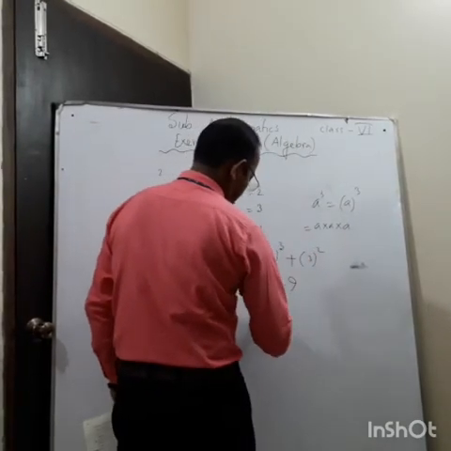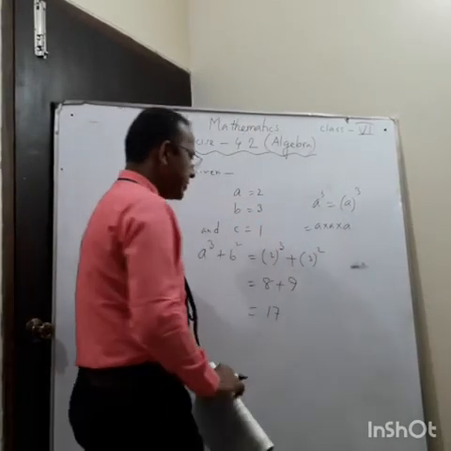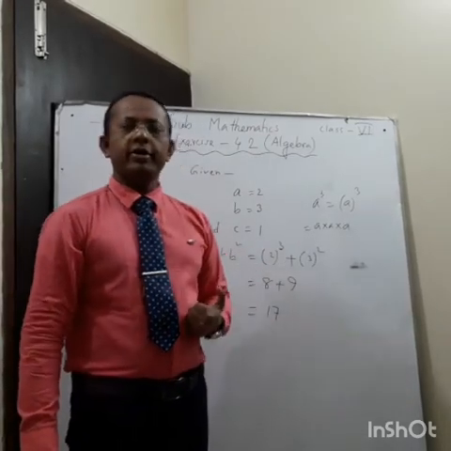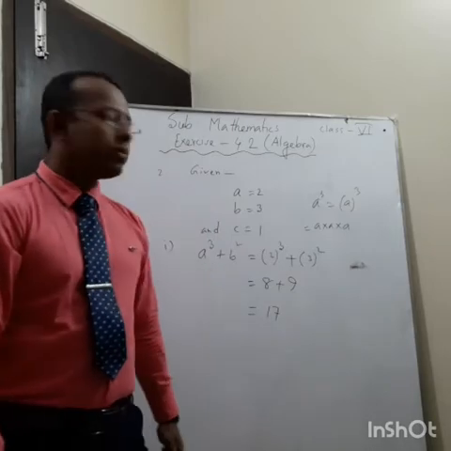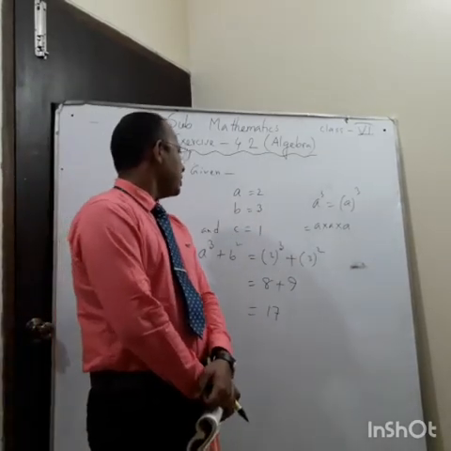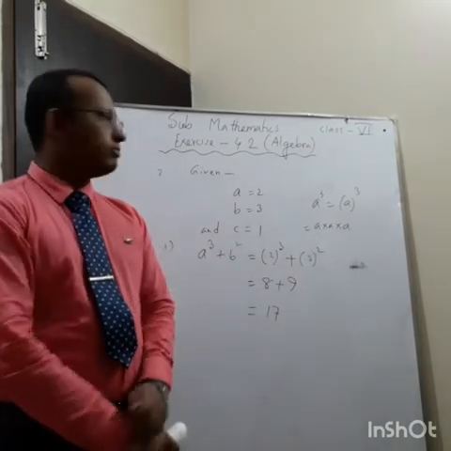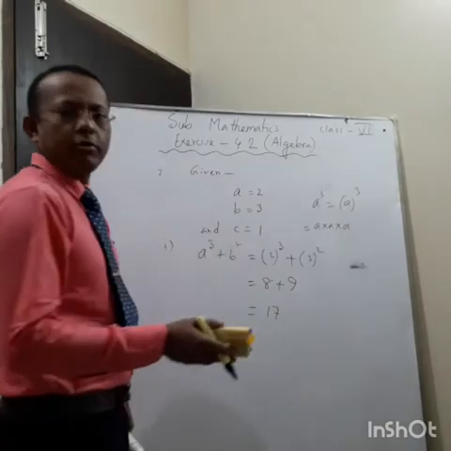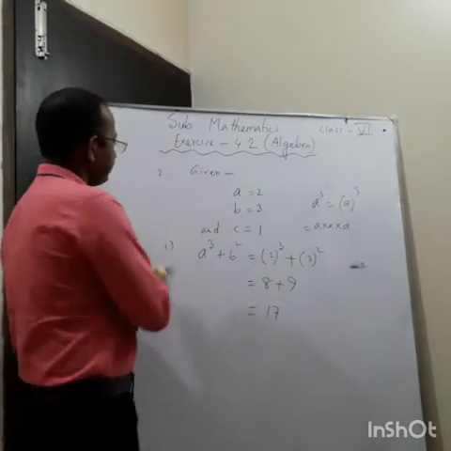As a result, 8 plus 9 equal to 17, which is the required value of a cube plus b square when the values of a, b and c are 2, 3 and 1. Now, I hope that you have understood very clearly.